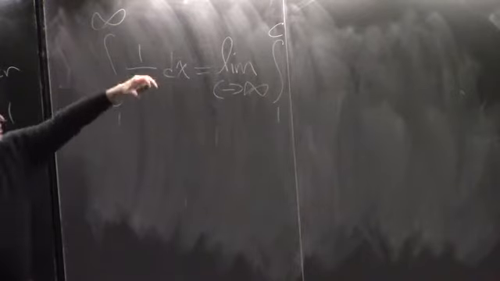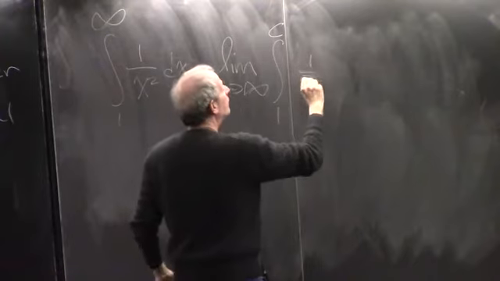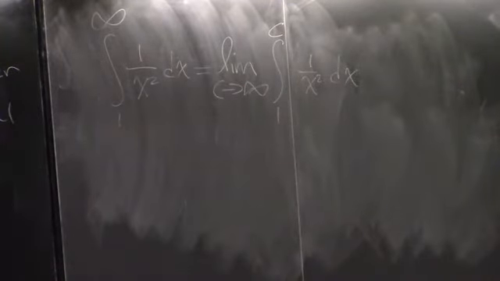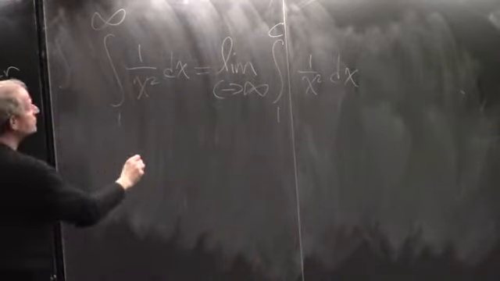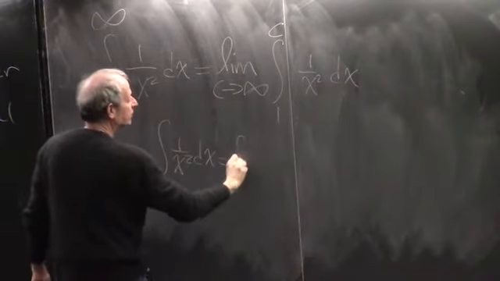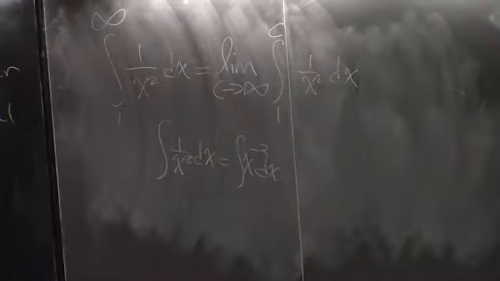I'm just going to do the integration from 1 to C, and then when I'm all done, I'm going to take the limit. So what I recommend is that you break this up into pieces. So first, just do the integral of 1 over x squared dx. That's the integral of x to the minus 2 dx.